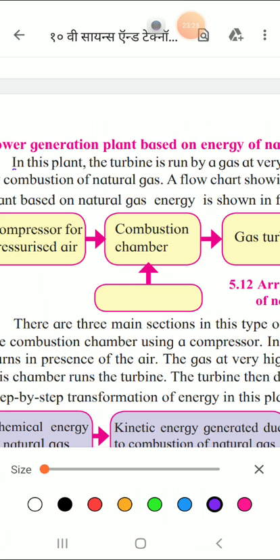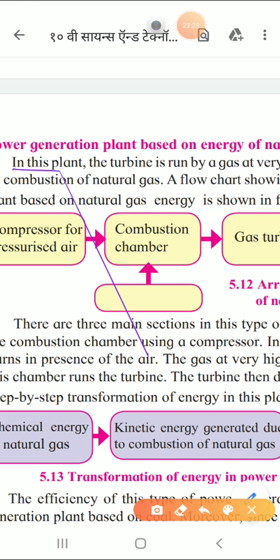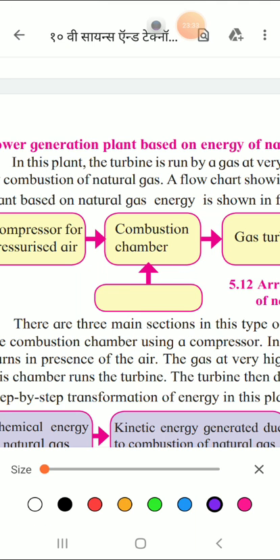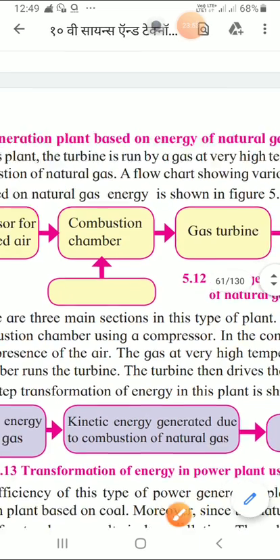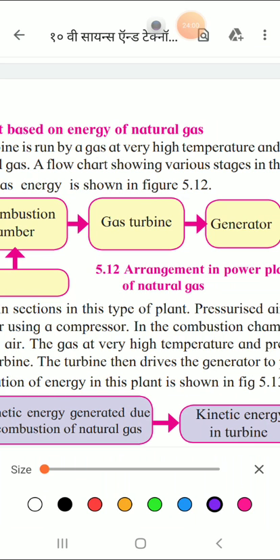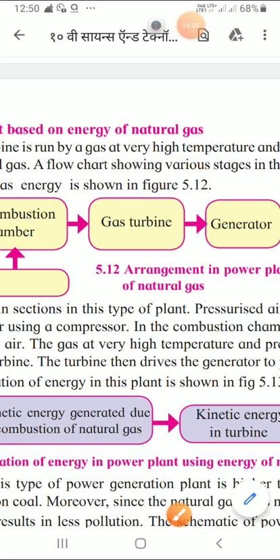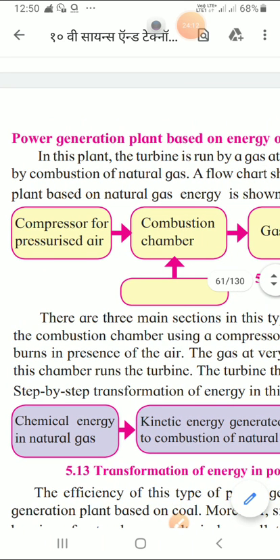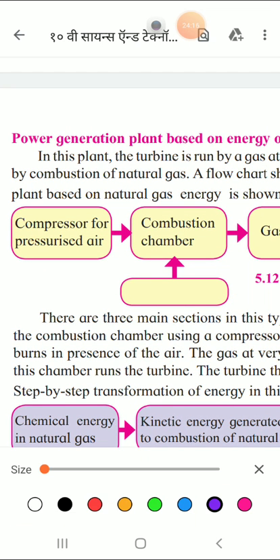See in this plant, see children, in this plant the turbine is run by a gas at very high temperature, by combustion of natural gas.